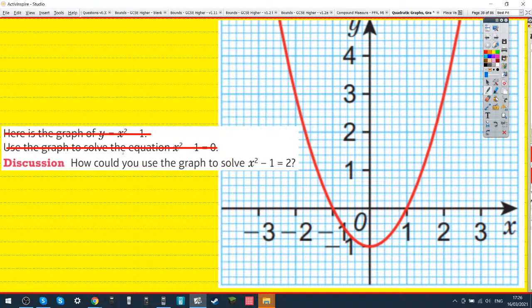Any idea how we do this? When it's equal to 2. Yeah, so before we did when it's equal to 0, now it's equal to 2. Any idea about that?